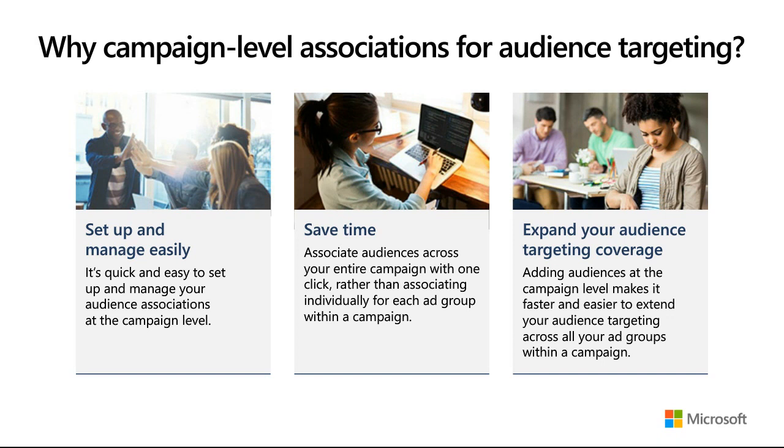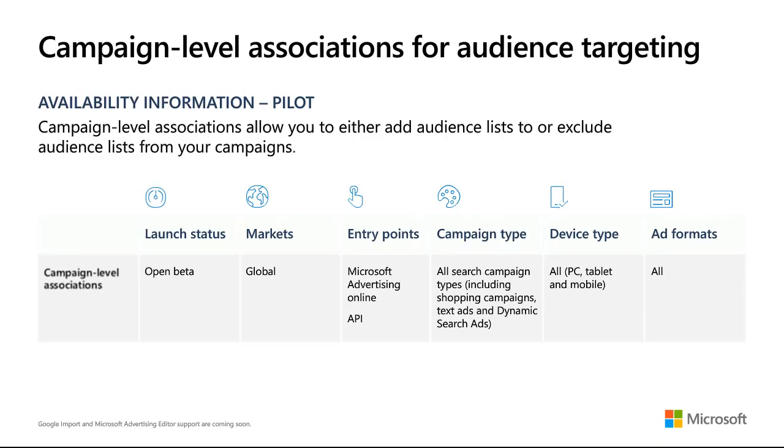So advertisers can apply the audience and manage them at scale at the campaign level so that they can have more flexibility in engaging with their customers. This feature is now in open beta. It's available across all markets, supported for all campaigns and ad types on the search network, and it can be accessed through both the web UI as well as the API.